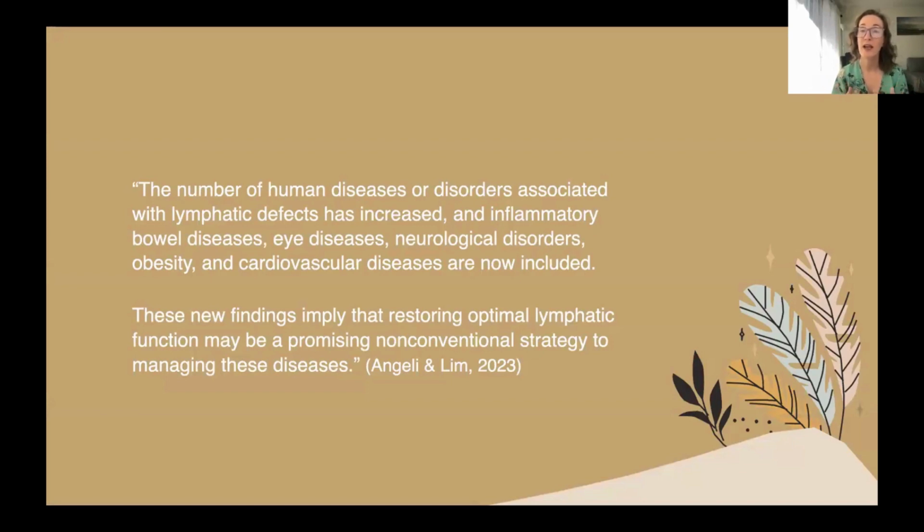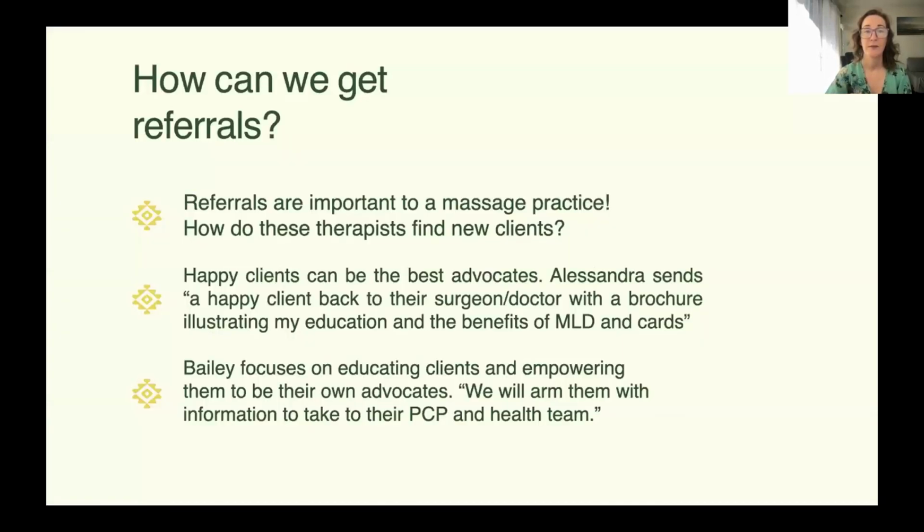And now the scientists are publishing research that is showing these connections. Then Angeli and Lim say these new findings imply that restoring optimal lymphatic function may now be a promising non-conventional strategy to manage these diseases.